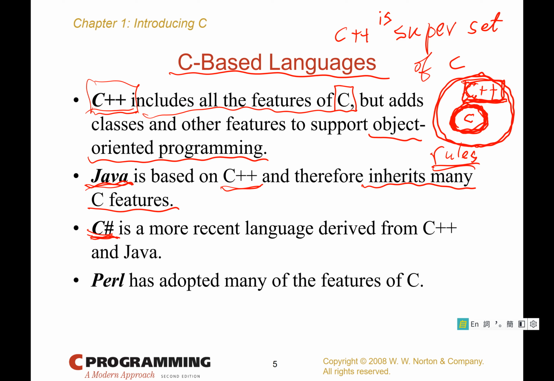The reason I guess it's called C# is that C with two pluses is not enough, so we need C with another two pluses, so it becomes C#.